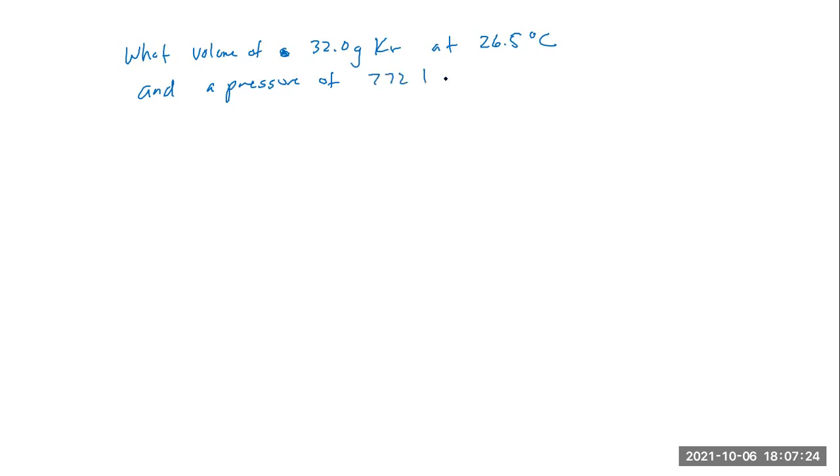What is the volume of, say, 32.0 grams of krypton gas at, say, 26.5 degrees Celsius and a pressure of 772 torr.